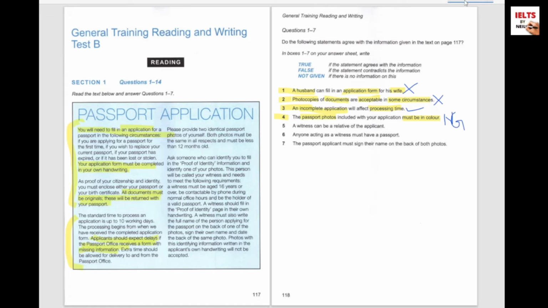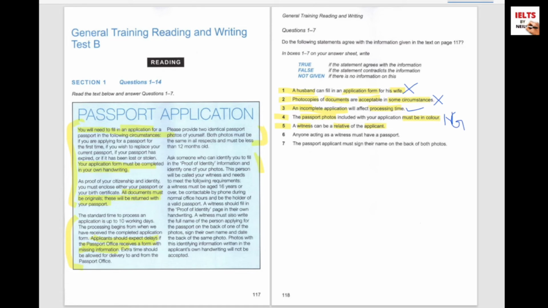Moving on to the next question, it says an eyewitness can be a relative of the applicant. Alright, so in this one, witness is the keyword, relative is the keyword, and applicant is the keyword as well. There was nothing mentioned until here about the relatives or anything. So we're just gonna read this last paragraph now. Ask someone who can identify you to fill the proof of identity information and identify one of your photos.